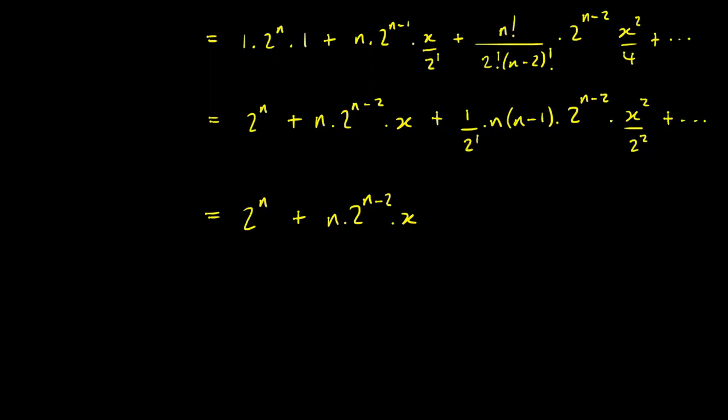So we also subtract that. So we're going to end up with here the n minus 1. And then we've got 2 to the power of n minus 2 minus 2 minus 1, which is n minus 5 x squared plus dot, dot, dot. Now, I think that's about everything that we can do to simplify this.